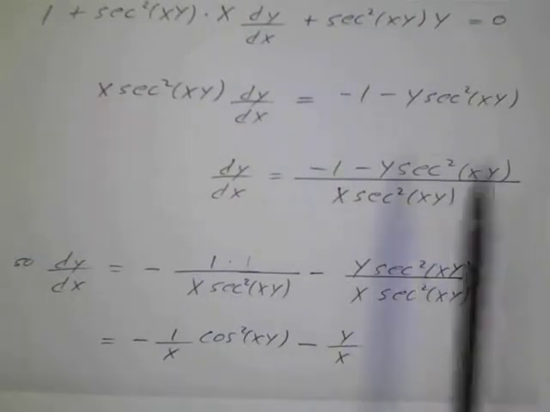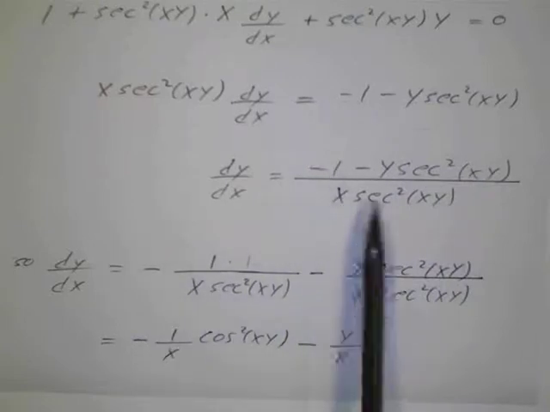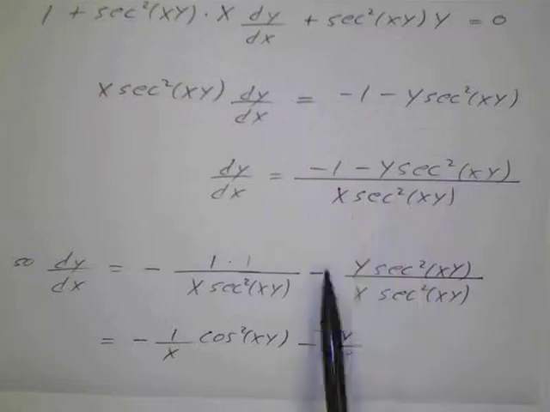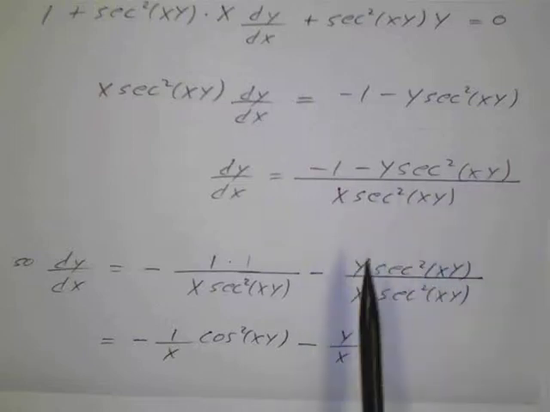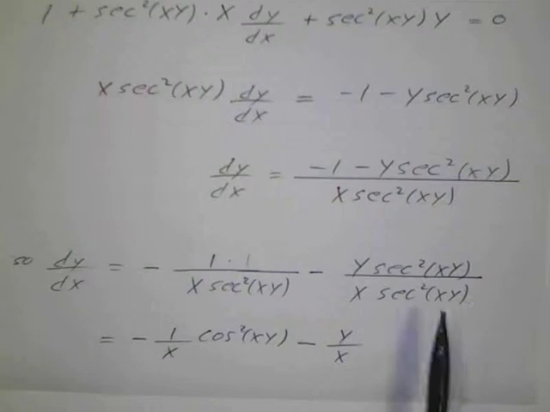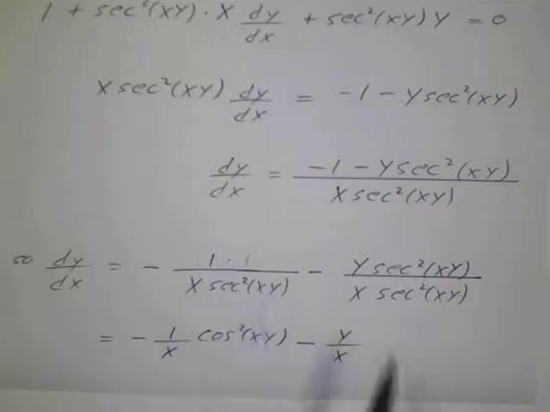So I could break this up into 2 fractions, a negative 1 over x secant squared xy, minus y secant squared xy over x secant squared xy, because these are the same, so that's going to be a 1. And then I could always rewrite this as 1 over x times 1 over the secant squared of xy. That's the same thing.